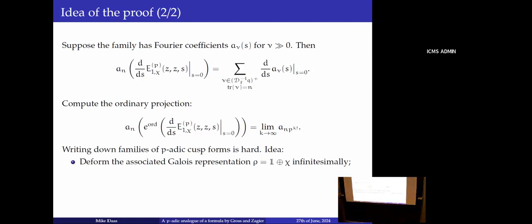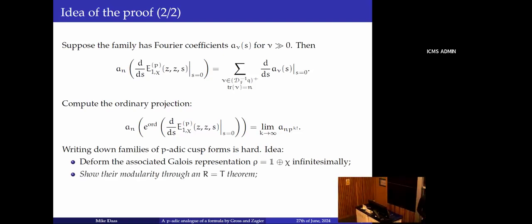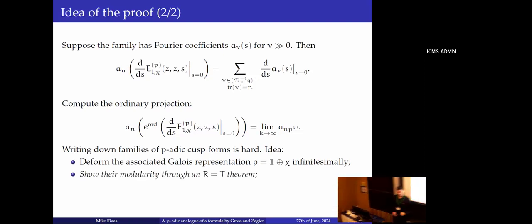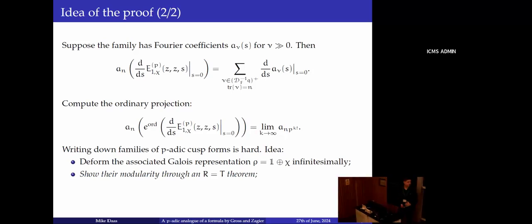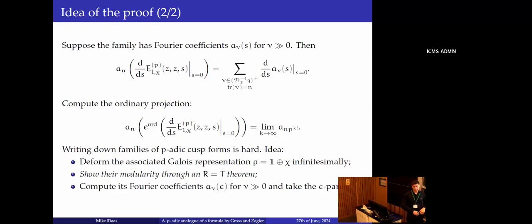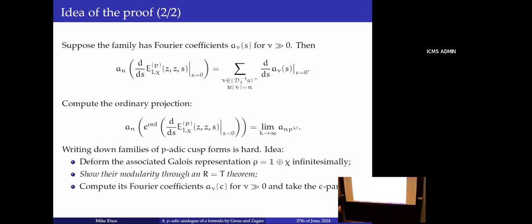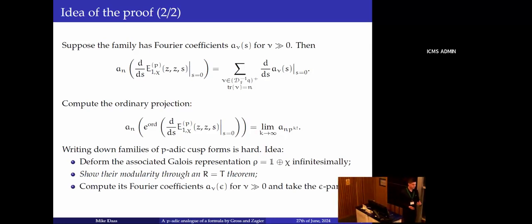And what we do is we deform this Galois representation, and then we show an R equals T theorem to prove that all these deformations that we look for, in fact, come from modular forms. And then once we've proved this R equals T theorem, for which there are techniques available, we can then take our favorite deformation in the right weight direction and deduce from it back the Fourier coefficients, and we get the family of modular forms. So that is the strategy that we employ.